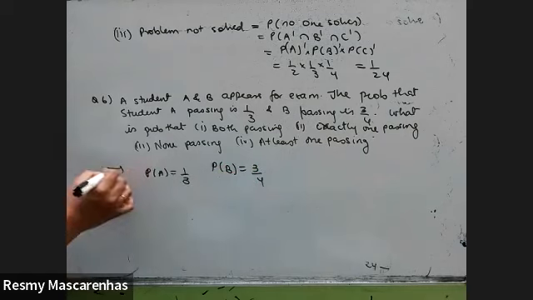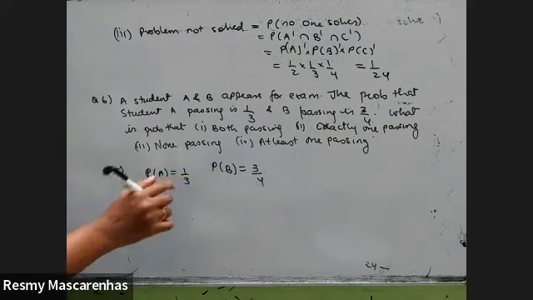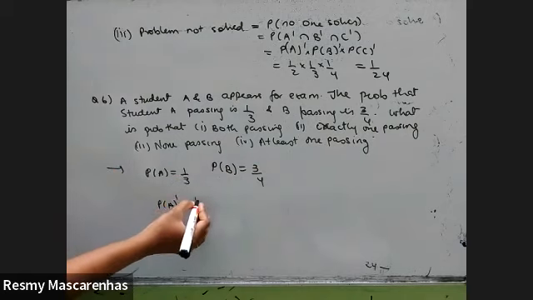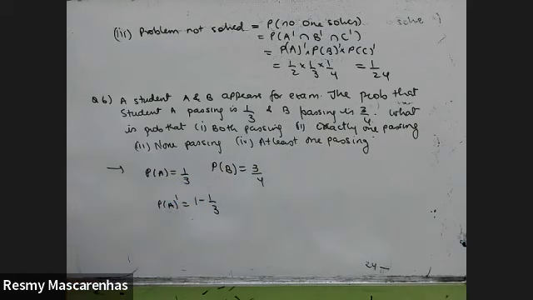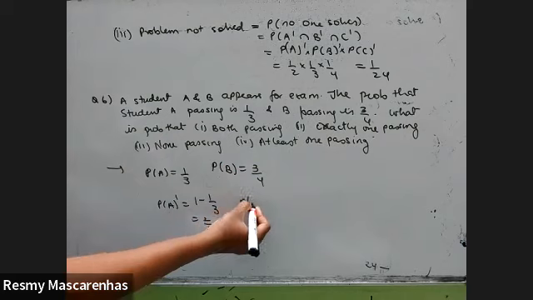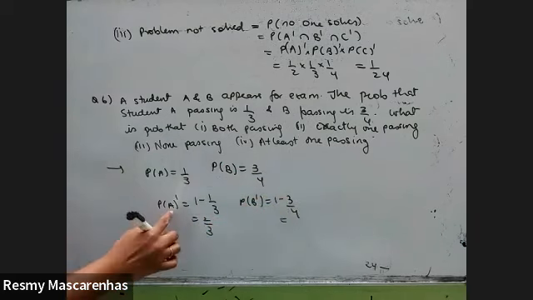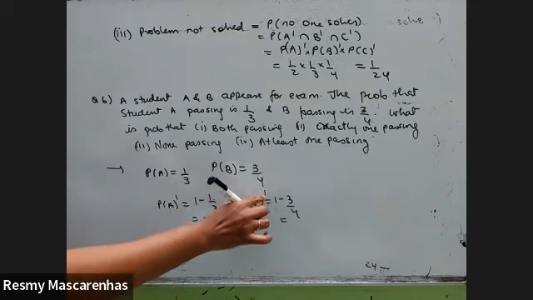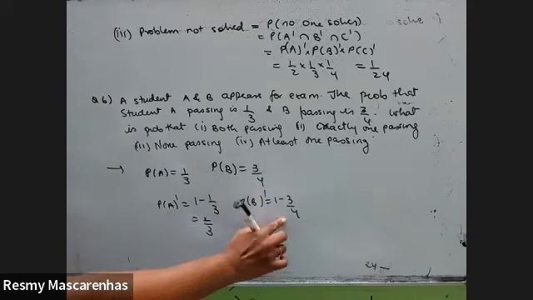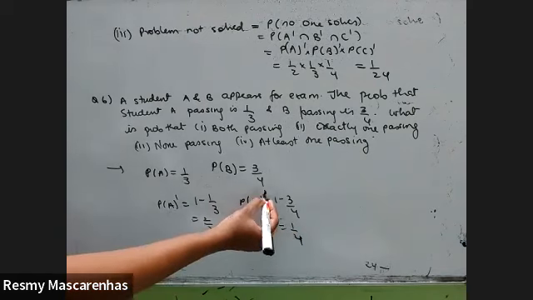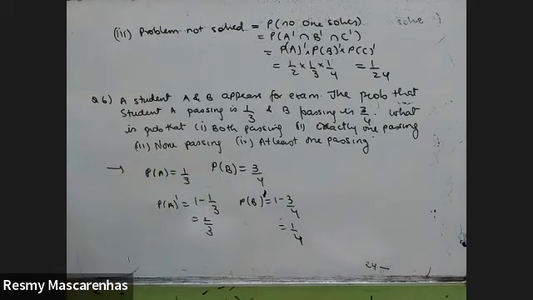Probability that B passes is 3 by 4. Let's just find out A complement also. And this is fails, does not pass. Whether I write here inside doesn't matter. So this is the complement. Okay. This is the data I know.